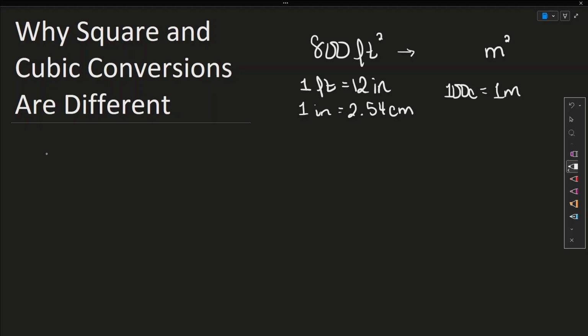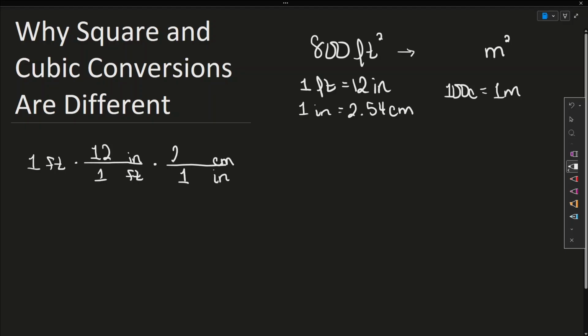So let's slowly convert this. 1 foot, I put feet on the bottom and inches on the top. We have 12 inches in 1 foot. Then we put inches on the bottom and centimeters on the top. 1 inch is 2.54 centimeters.